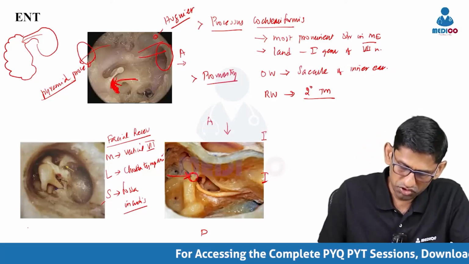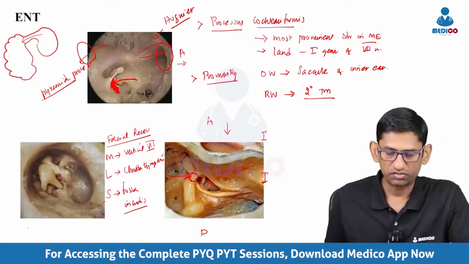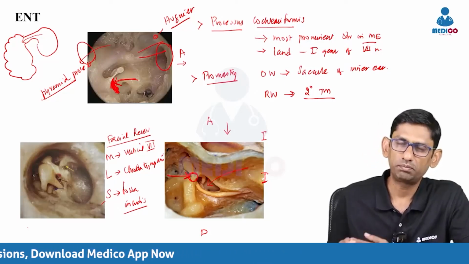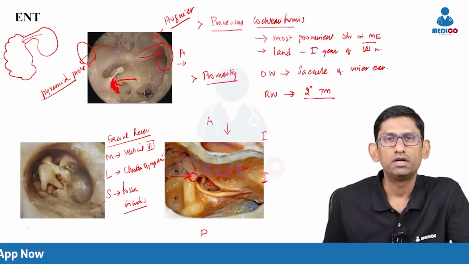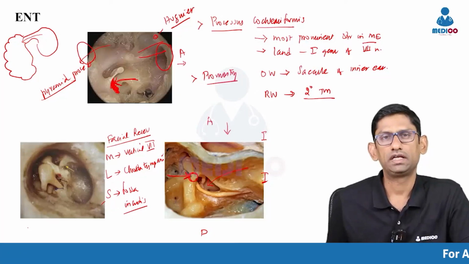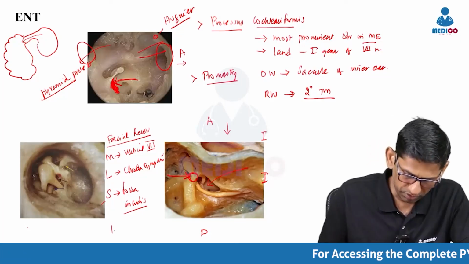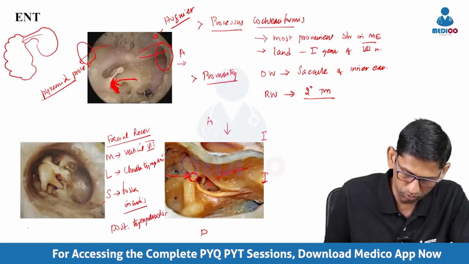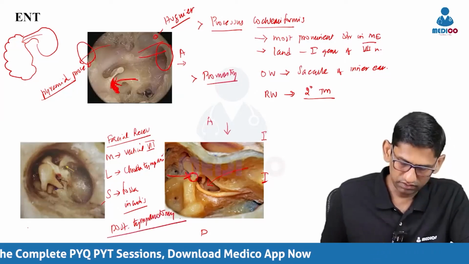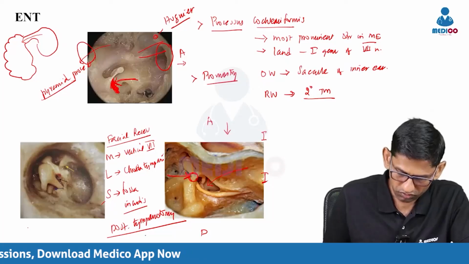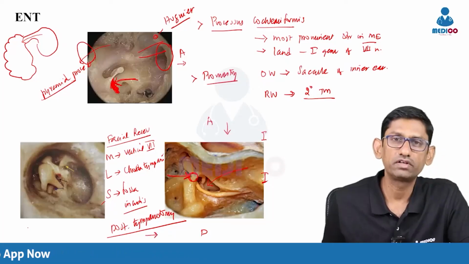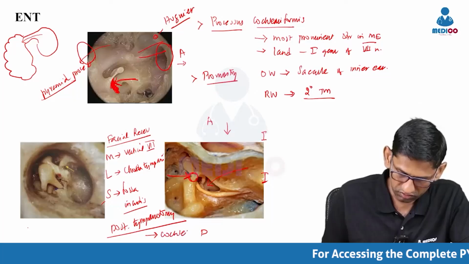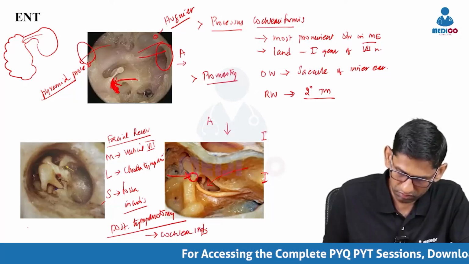And this approach is called facial recess approach, or since we are opening the middle ear from the posterior side, it is called posterior tympanotomy. This approach is called posterior tympanotomy approach. And this approach is very well utilized nowadays in an important surgery for deaf children, and that is cochlear implant.